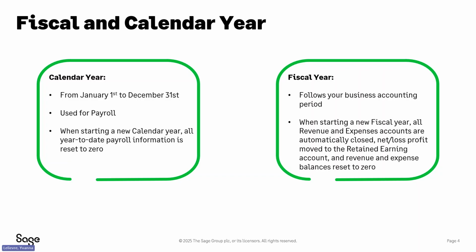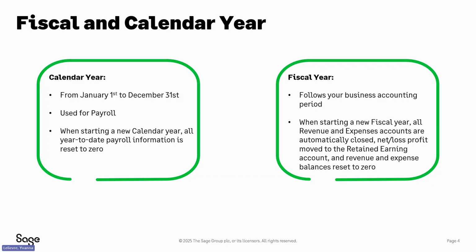The fiscal year is different. The fiscal year is going to depend on each business. Each business is going to have their own dates for their fiscal year. A lot of businesses have a fiscal year that runs from January 1st to December 31st, but not all of the businesses. When you start a new fiscal year, all of the revenue and expense accounts are automatically closed, and you can see this in your balance sheet.